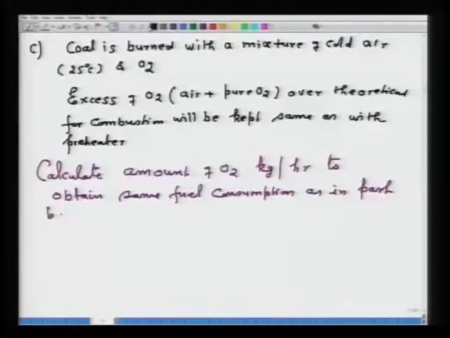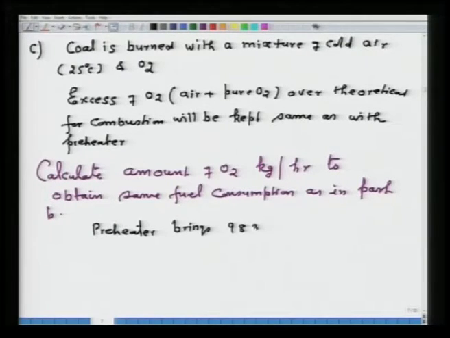So, now say we note that preheater brings 9833 kilojoule of heat. When preheater is not used, then nitrogen of the flue gas must be reduced corresponding to the amount of 9833 kilojoule, then my job is over.